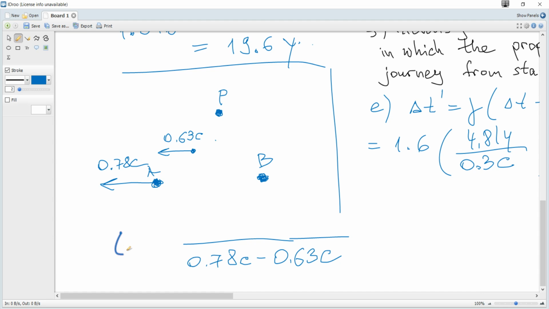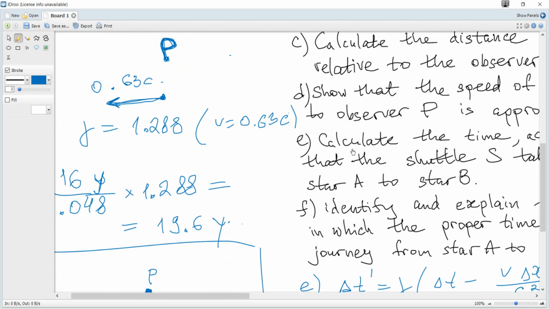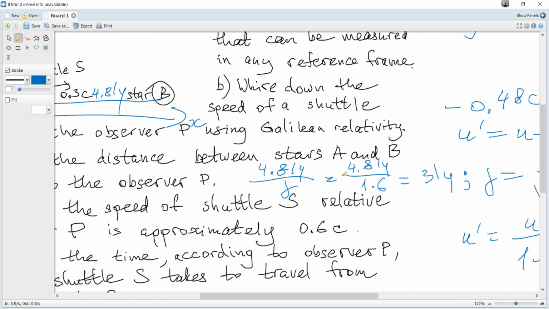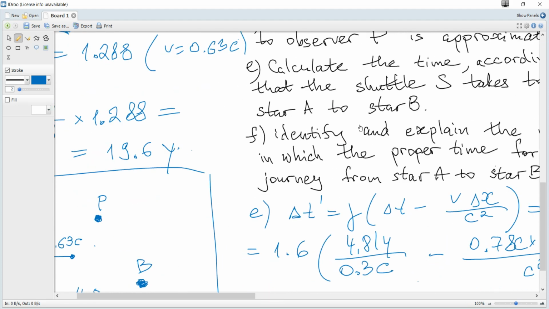And what is time? Time is distance divided by speed, but the distance relative to AB is 4.8 light years. But for P, this distance becomes what? It will be contracted, so we should use contracted length.